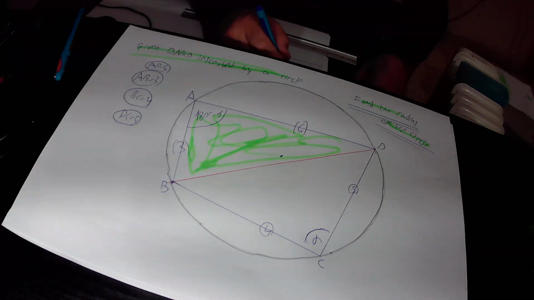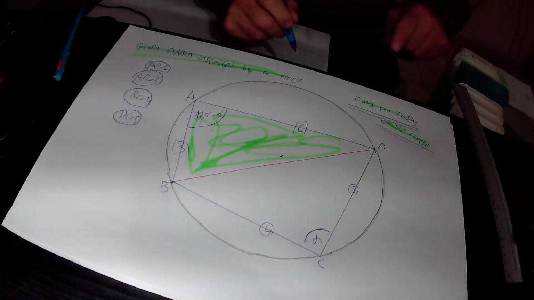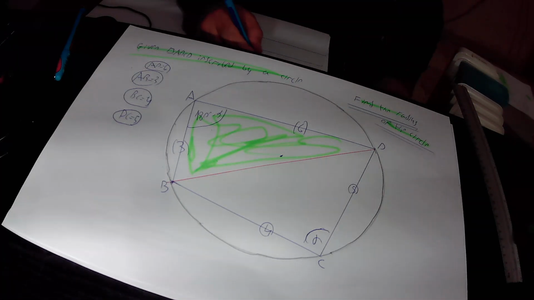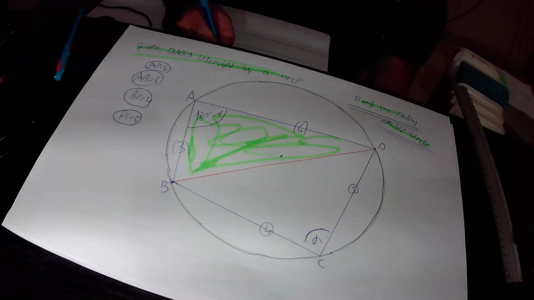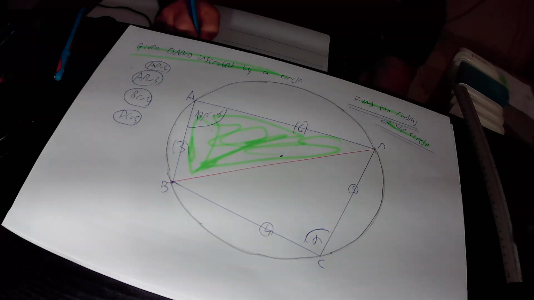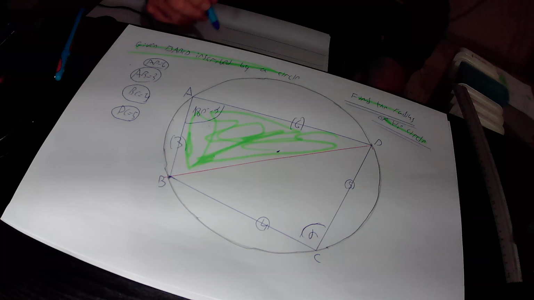BD squared equals AD squared plus AB squared minus 2 times AD times AB times cosine 180 degrees minus alpha.